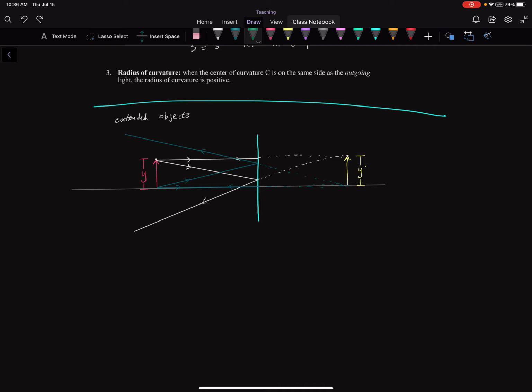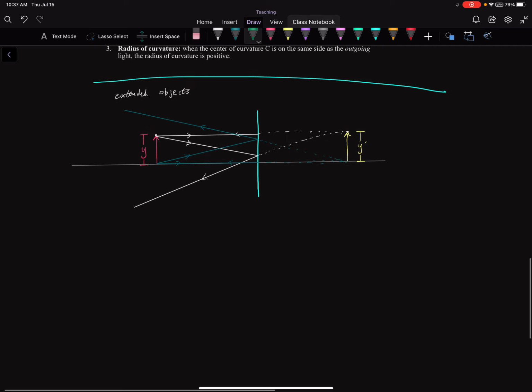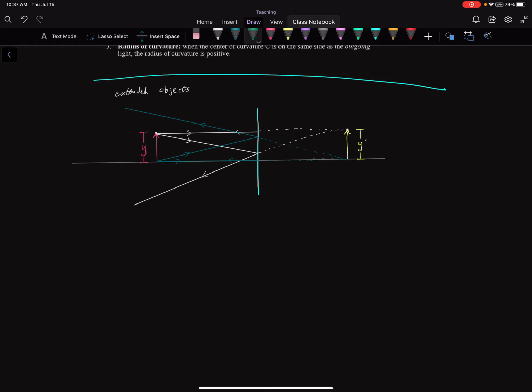And so by doing the top and the bottom of the arrow, you can really easily figure out how tall the arrow is. And honestly, we did not have to do the blue one, because if your arrow lies on the optical axis, then we know that it's just going to go straight across, and the bottom of the arrow of the image is also going to lie on the optical axis. And so from here on out, for extended objects, we'll need to consider just the very tip of that object.